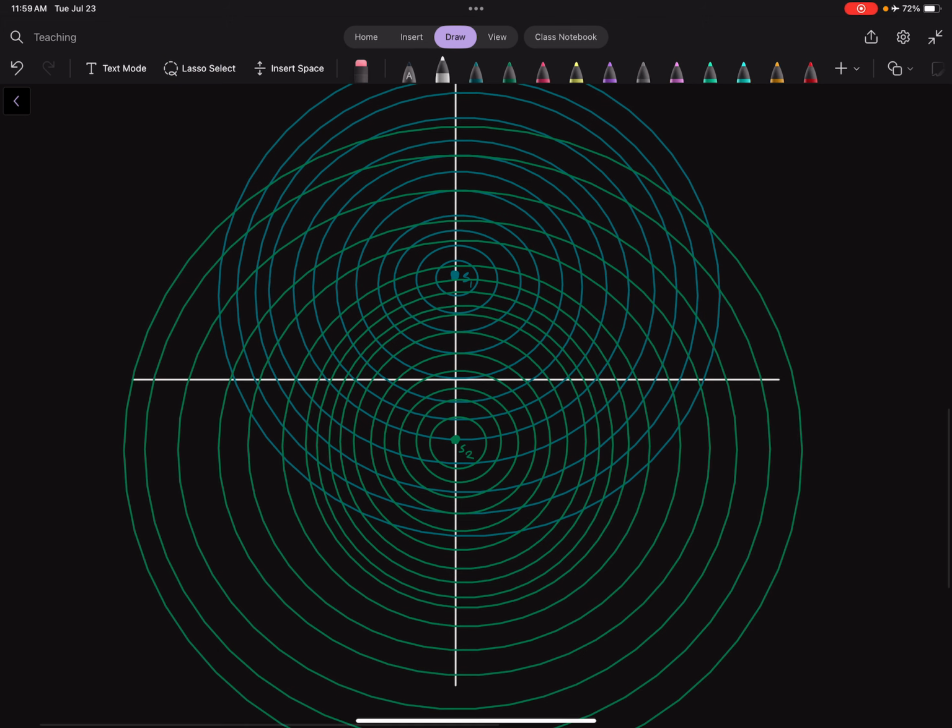Let's pick this point here, and we'll call that point A. And I picked that point on purpose. It's along that x-axis, where there's a blue and a green line overlapping, right? If I were to have drawn this perfectly, they all would nicely overlap exactly on that line.